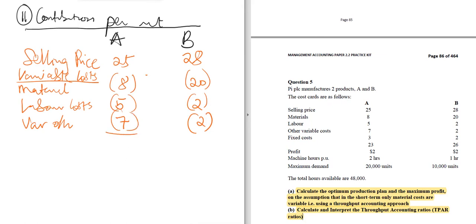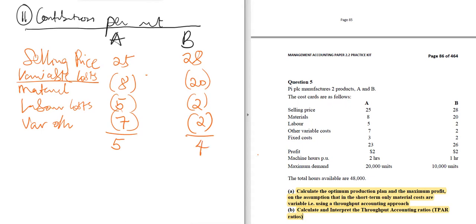So I think for product A, can work this out as 25 minus 8 minus 5 minus 7. That gives us 5 per unit as our contribution. And then when we come to product B, we have 28 minus 20 minus 2 minus 2. And that gives us 4.